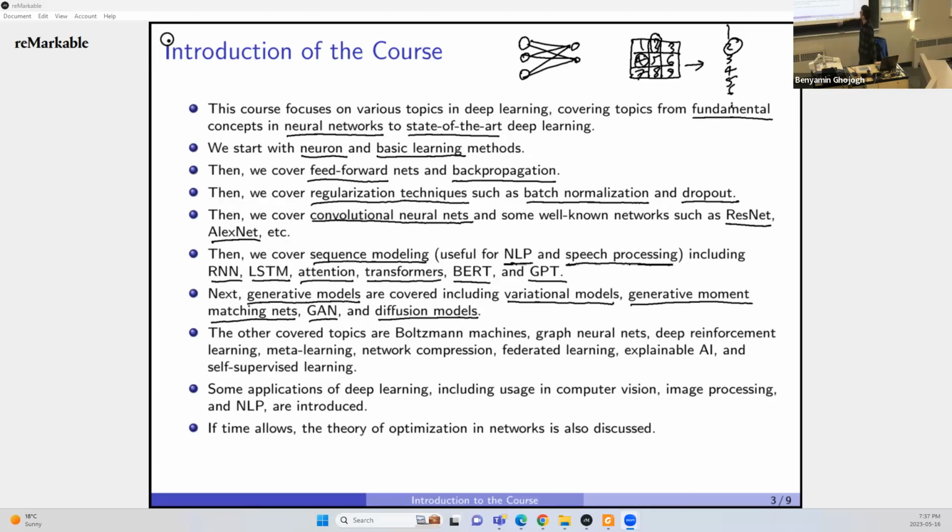And transformers were based on attention. Transformers are autoencoders which use attention blocks in them. And BERT and GPT are both state-of-the-art methods for NLP. As I said, transformers are autoencoders.